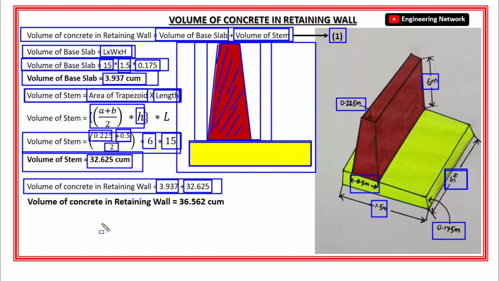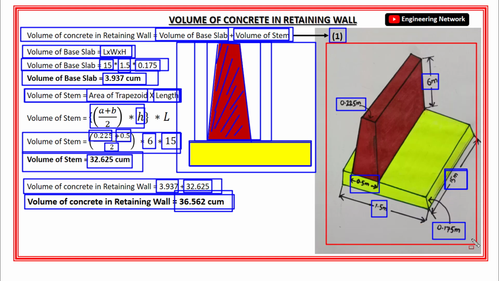And after adding both these volumes, I will get the total volume of concrete in this retaining wall, which is equal to 36.562 cubic meter. Okay? So finally, I can say that in this retaining wall, whose length is 15 meters, this is how you can easily find out the volume of concrete in a retaining wall.